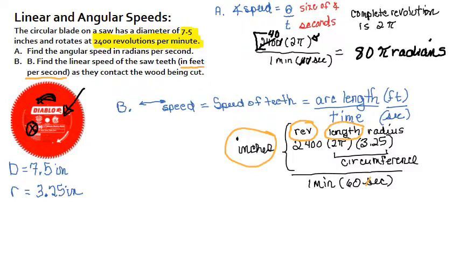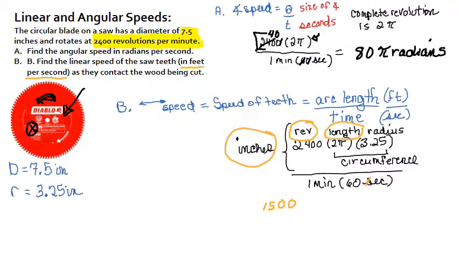So the first thing we're going to do is take the 2400, 2 pi, 3.25, and we get 1500, trying to remember if it's 1500 or 15,000. Give me a second here. Okay, so it would have been 18,000 pi.